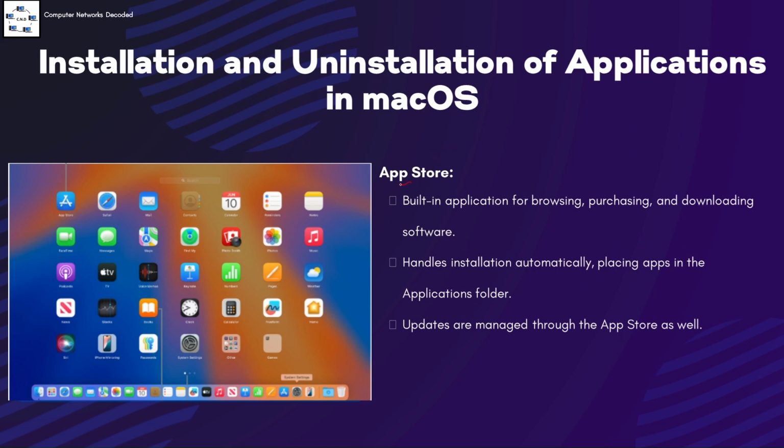So what is the App Store? We all know, the Apple users know the App Store. So this is the built-in application for browsing, purchasing and downloading software. The App Store basically handles installation automatically, placing applications in the Applications folder, and updates are managed through the App Store as well.